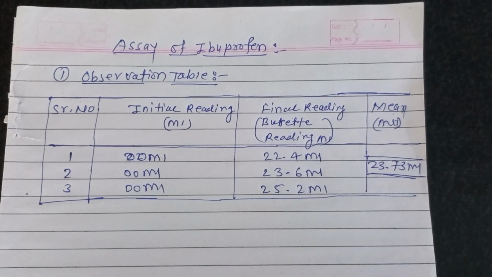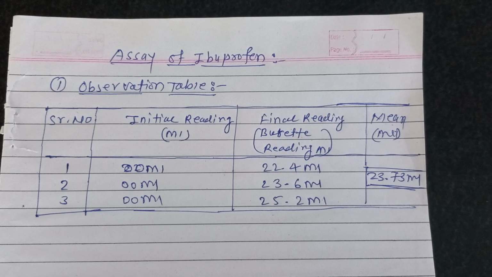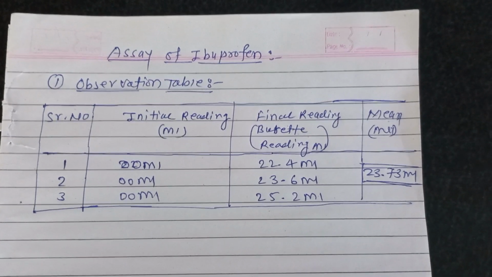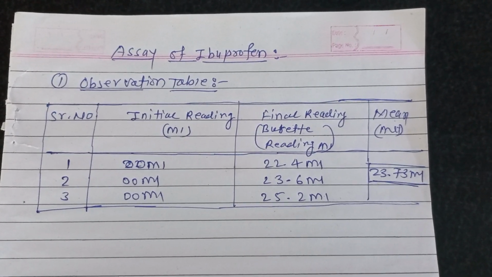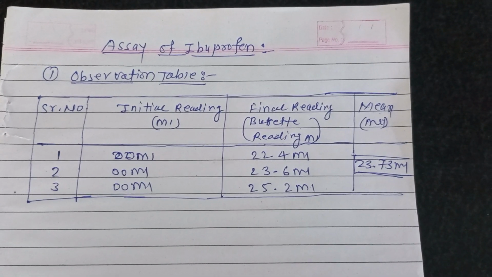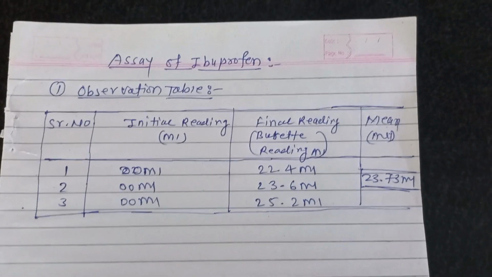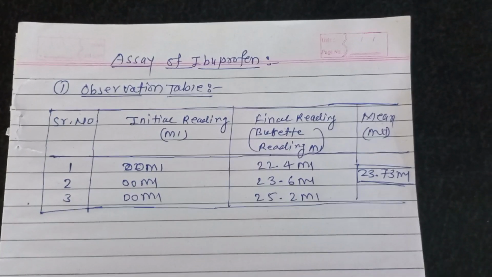Now after that, let us do the next step, the blank titration. In that we are omitting the sample, so without sample we will go for the titration, and we will titrate the alcohol with the NaOH so that we get the blank reading.